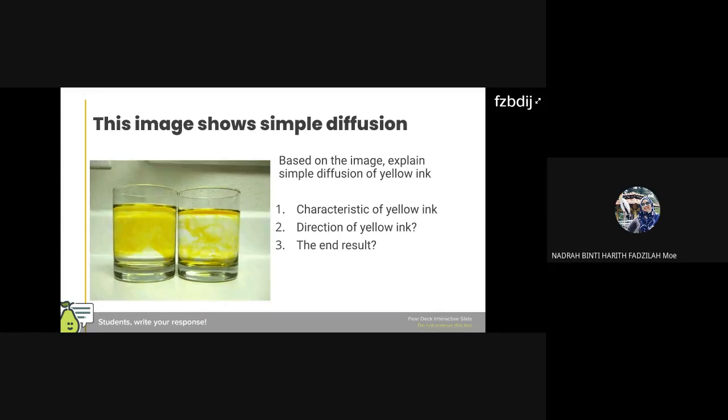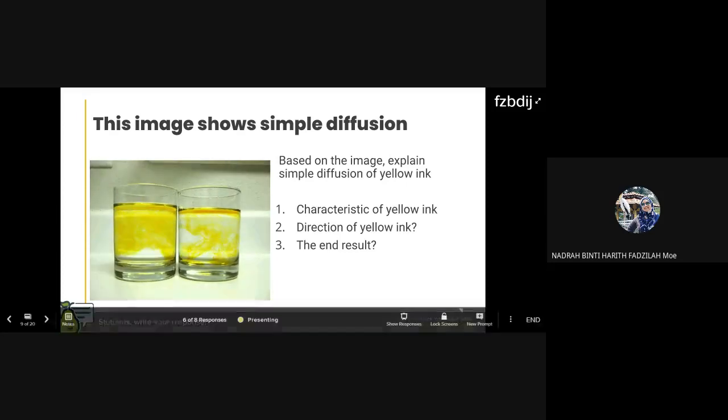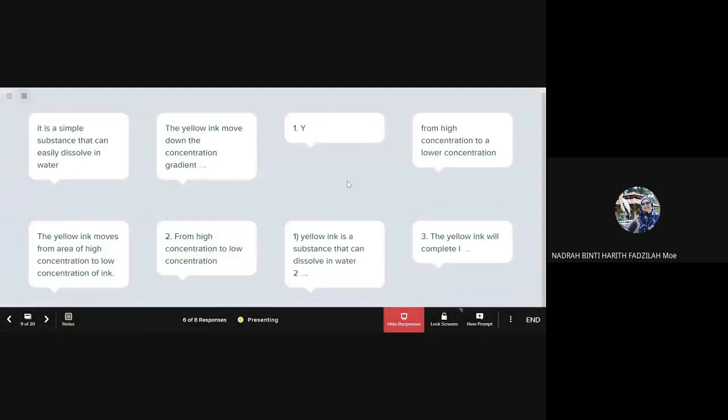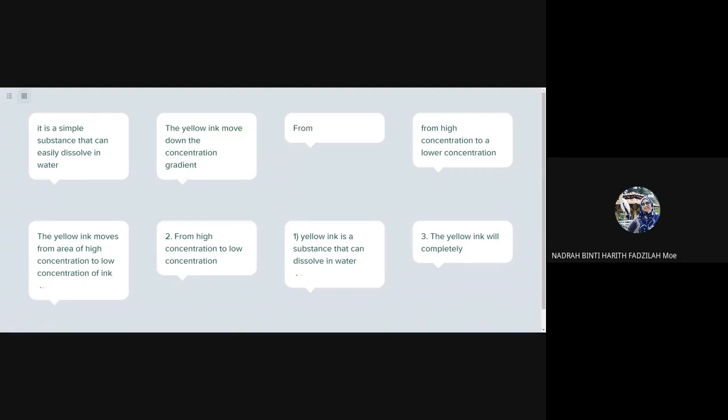Okay, most of you have identified the direction. Most of you have stated yellow ink moves down the concentration gradient. Remember the definition from earlier. The direction is from high concentration area to low concentration area, or going down the concentration gradient.